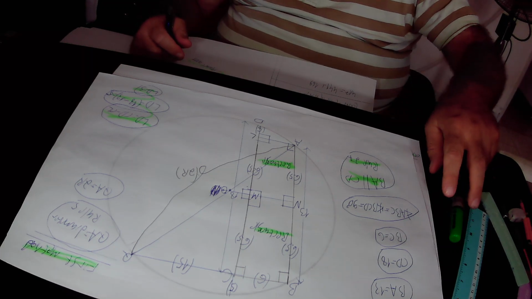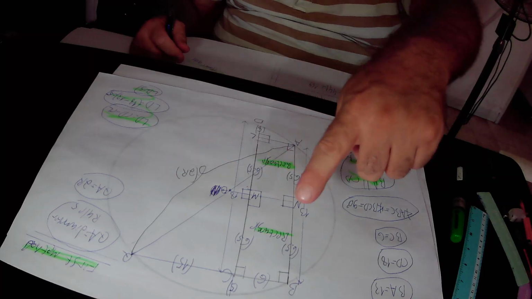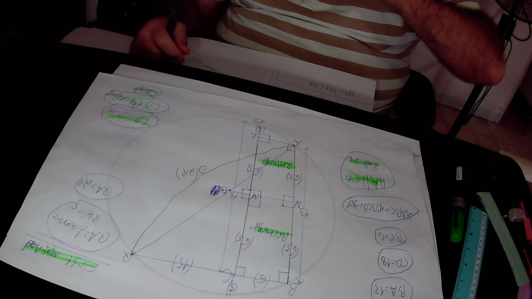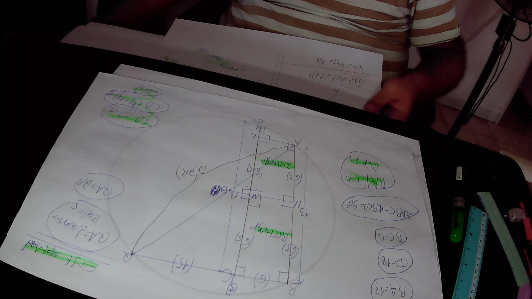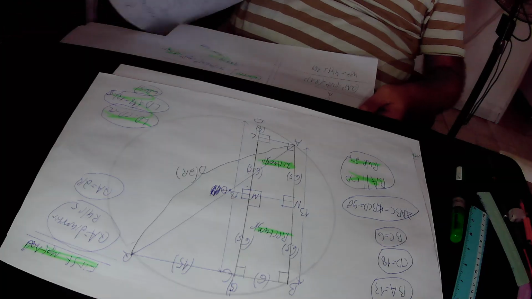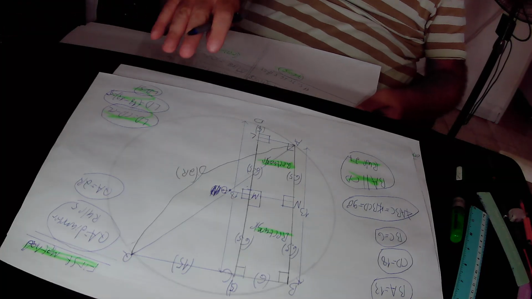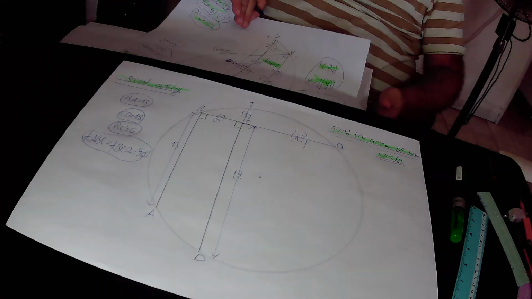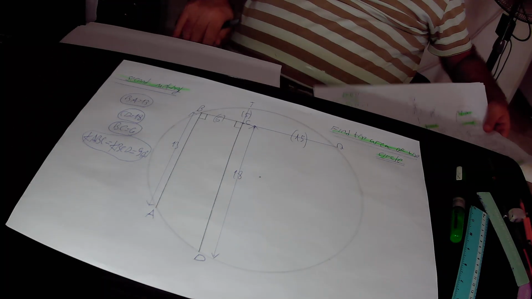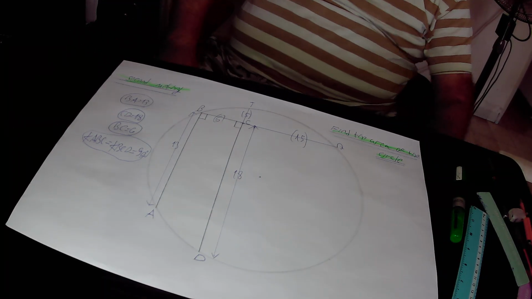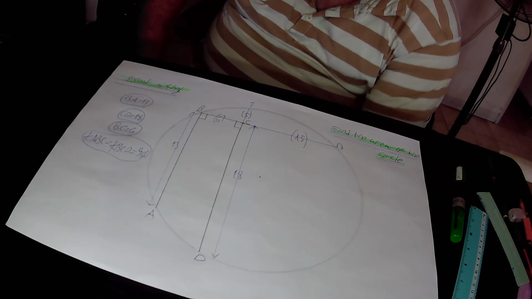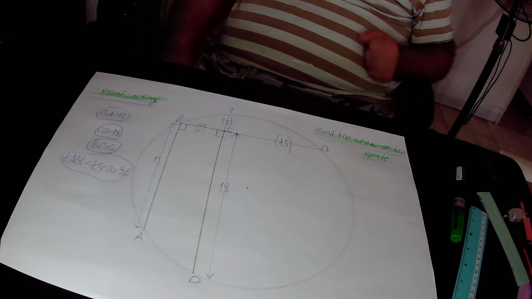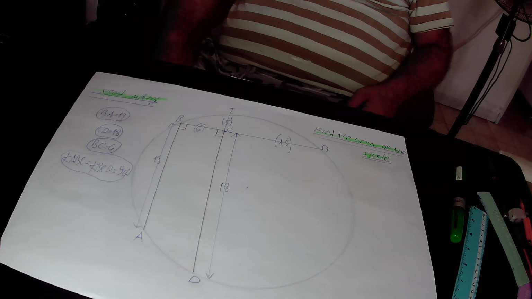In the next step, I'll present how to find the area of this circle according to the second method. In the second method, we use the things that we already found in the first method.